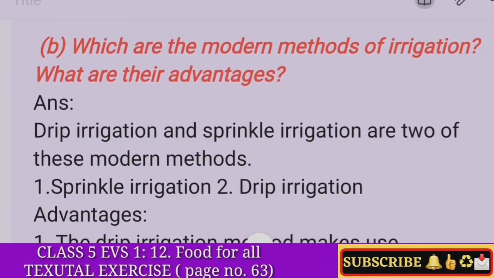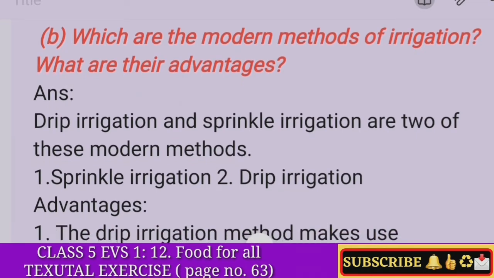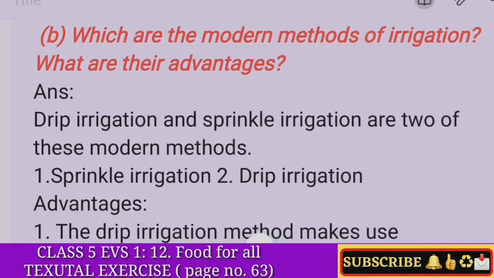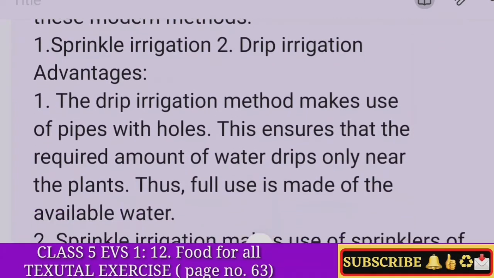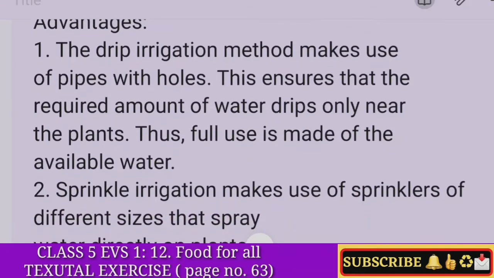B. Which are the modern methods of irrigation? What are their advantages? The answer is drip irrigation and sprinkle irrigation are two of these modern methods. Advantages: the drip irrigation method makes use of pipes with holes.